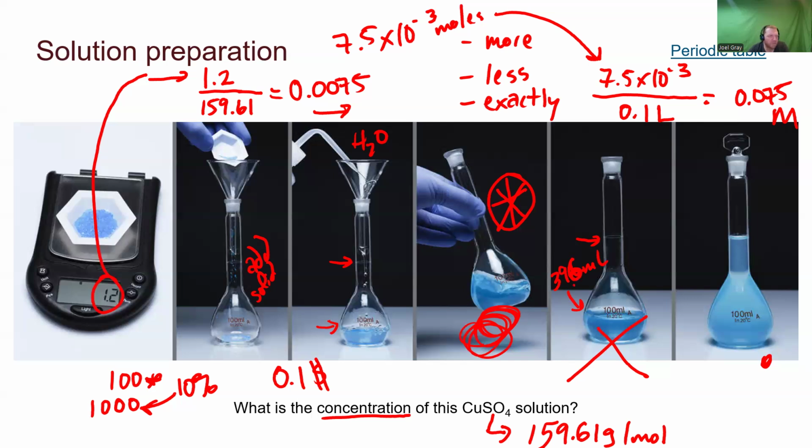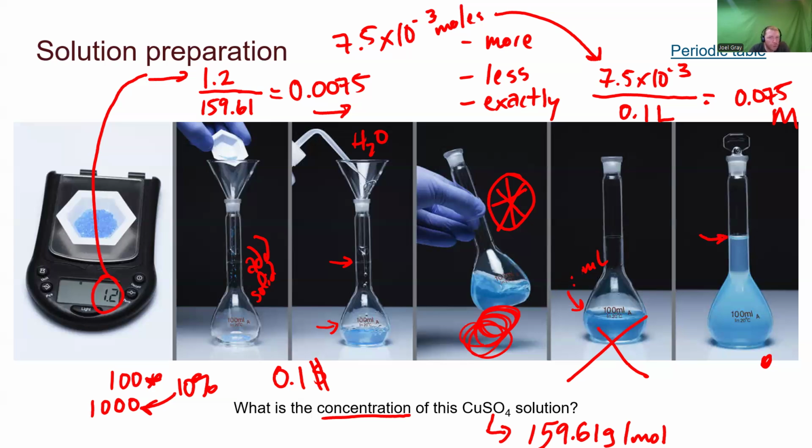You have no basis for that. Does that make sense? Y or N to the chat? Okay. So that's why, yes, we are adding water all the way up to here at that point.